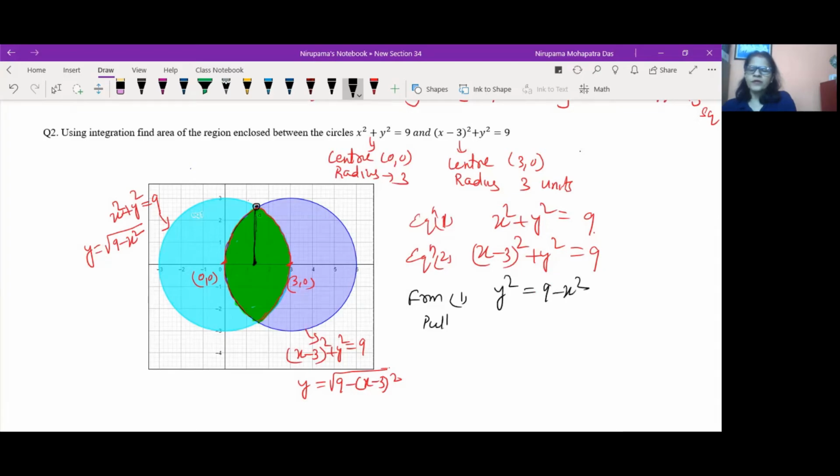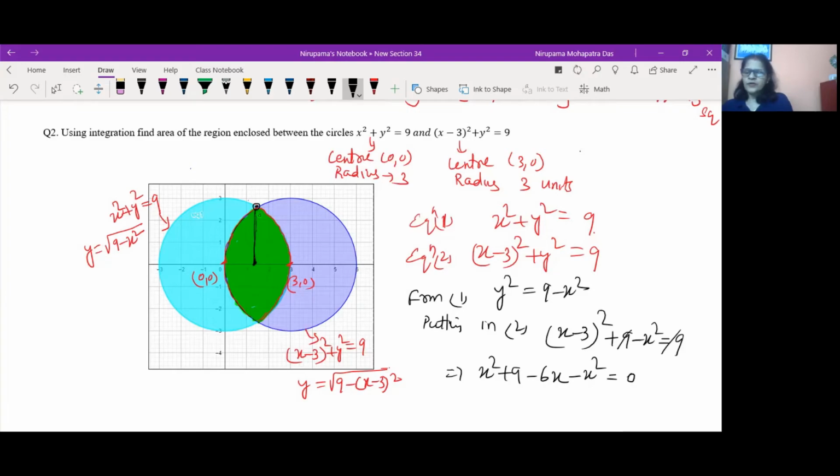Putting this in 2, we have (x minus 3) whole square plus 9 minus x square equal to 9. So you are getting x square plus 9 minus 6x minus x square equal to 0. So x square is cancelled, and 6x equal to 9. It means x equal to 3 by 2.